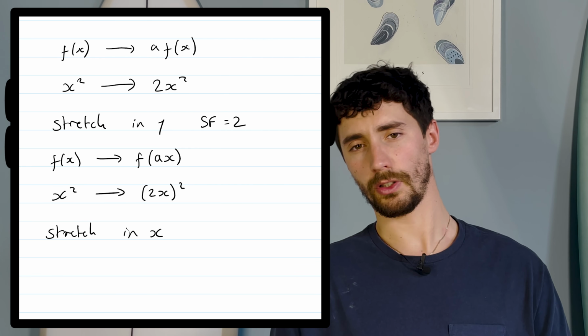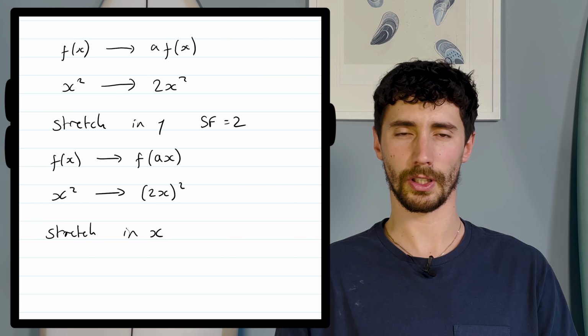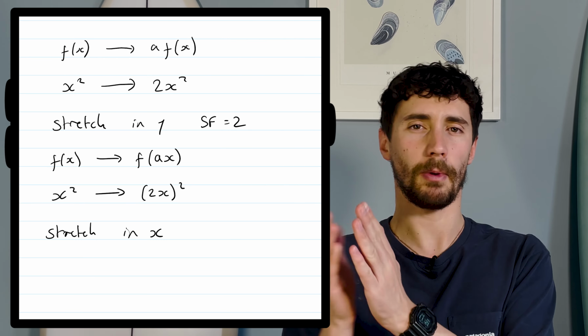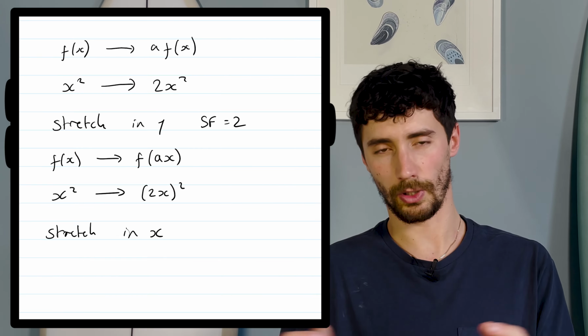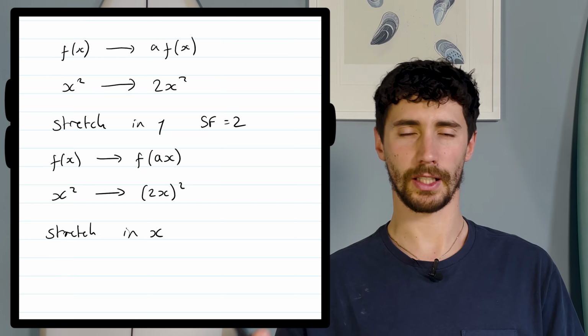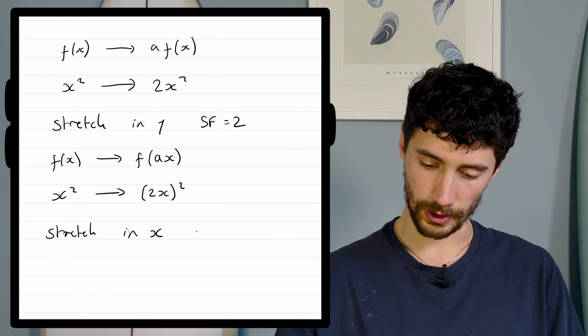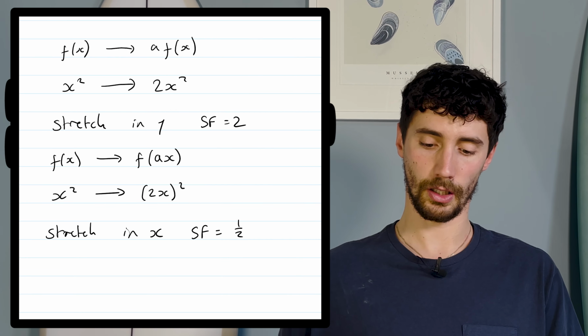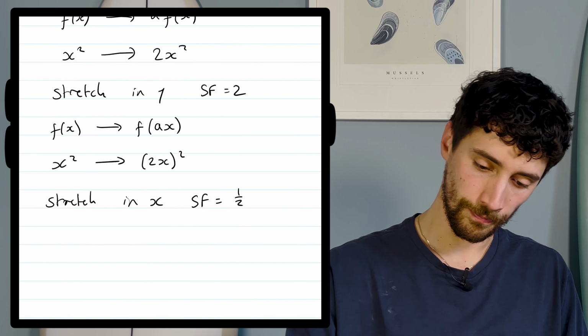You might think positive 2, scale factor of 2, right? But remember, this is the x, you're changing the input. In order to get the same output, what do you have to do with the x? Well, x has been doubled, so we are going to have to half the value of x to get the same output. So this is a scale factor of a half. It gets squashed, okay? So those are your stretches.